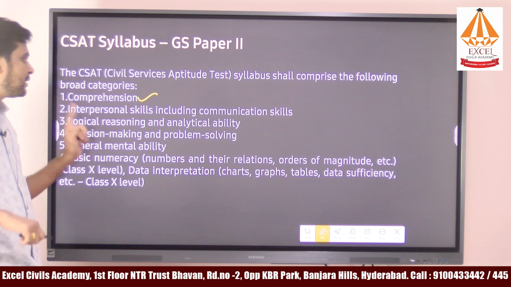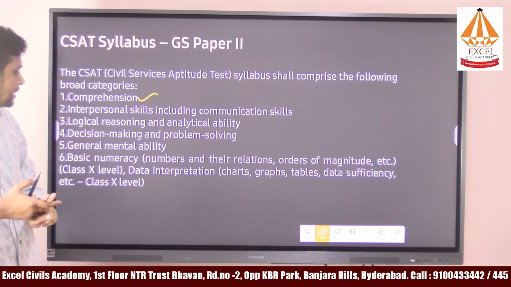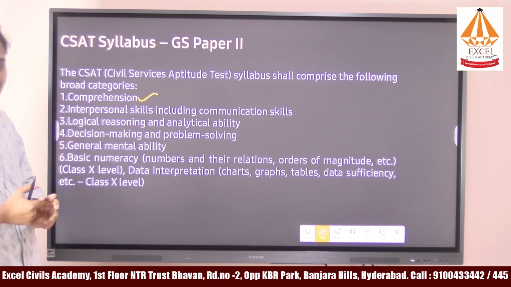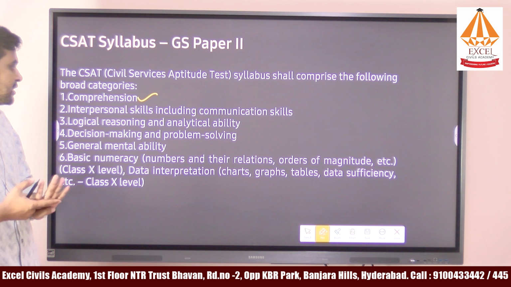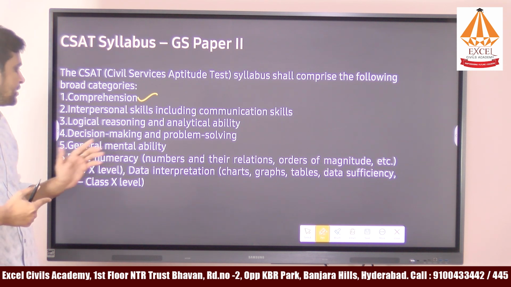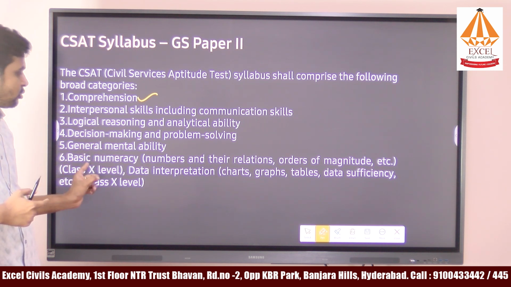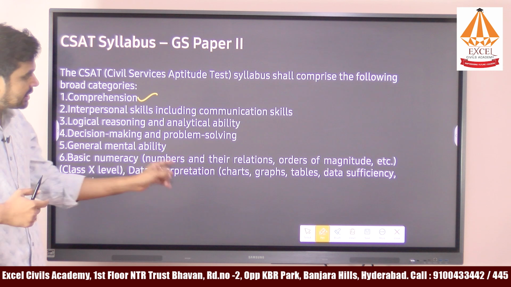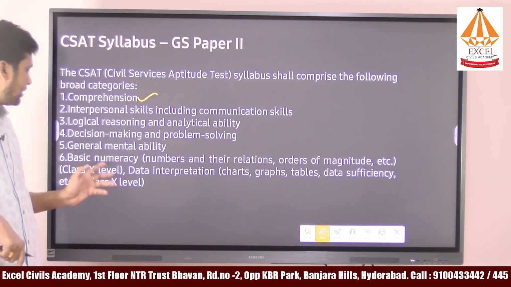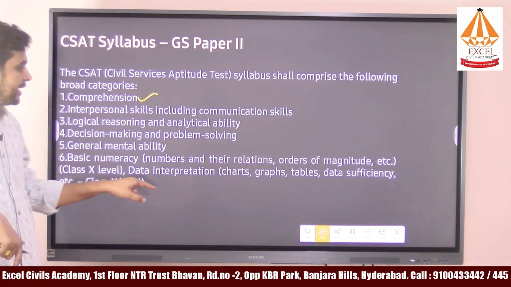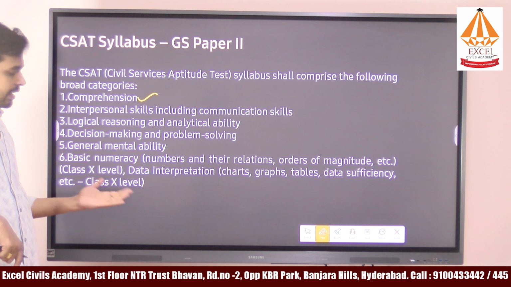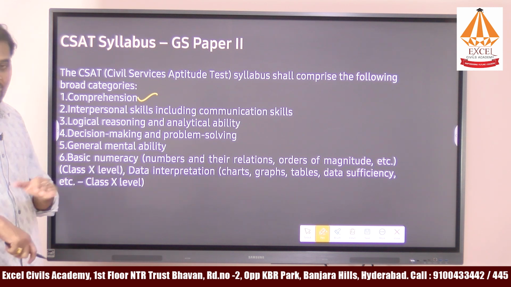Second is interpersonal skills, including communication skills. Third is logical reasoning and analytical ability. Fourth is decision making and problem solving. Fifth is general mental ability. And sixth is basic numeracy, which is numbers and their relations, orders of magnitude, etc., at Class 10th level. Data interpretation is also at Class 10th level.